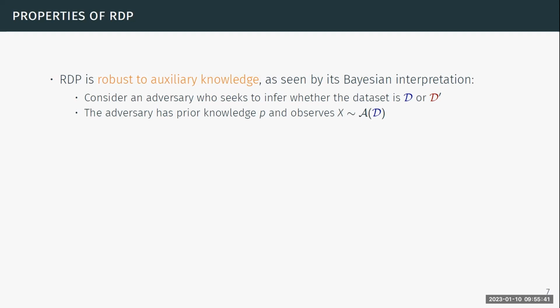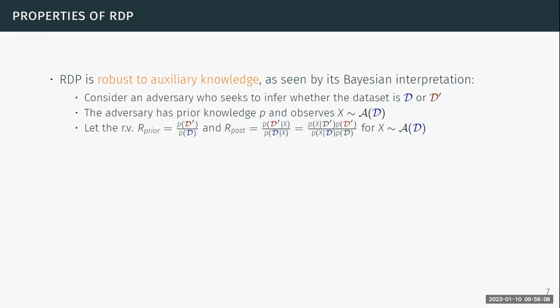The algorithm is run, and then we are giving the output to the adversary. And now the adversary seeks to do a prediction. Notice that this is very similar to this membership inference attack, right? Because these two datasets are neighboring. So predicting whether it's D or D prime amounts to predicting whether it's X or X prime, right?